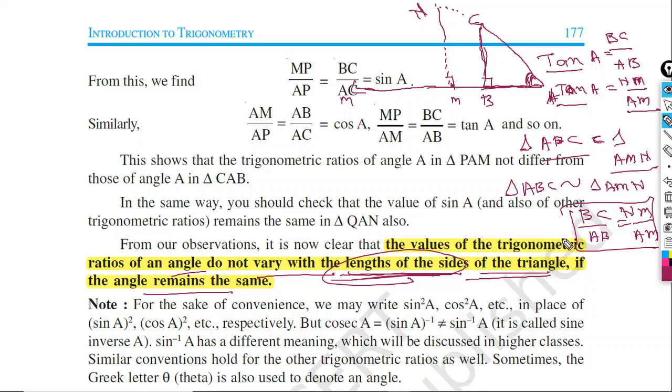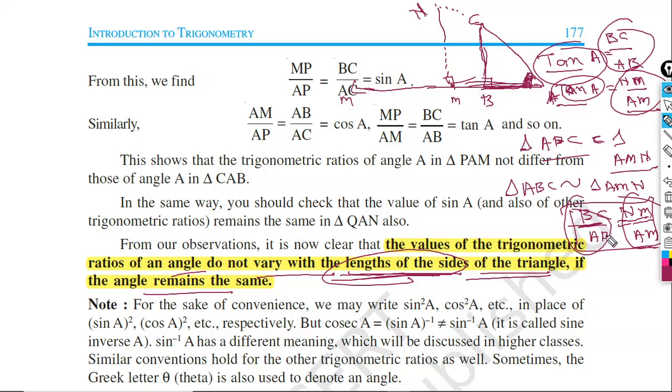And here we have found from the similarity of the triangles BC by AB equal to NM by AM. Therefore tan A is same for both the cases. That means angle is same, tan A is same. So length of the side does not make any impact on the value of the trigonometric ratio.